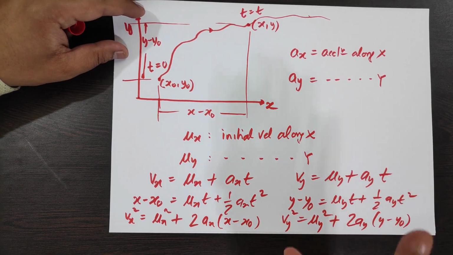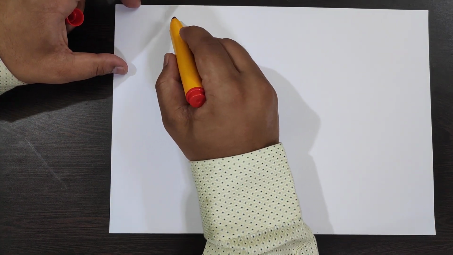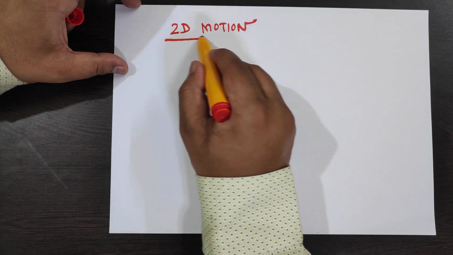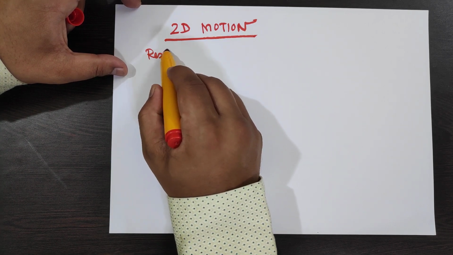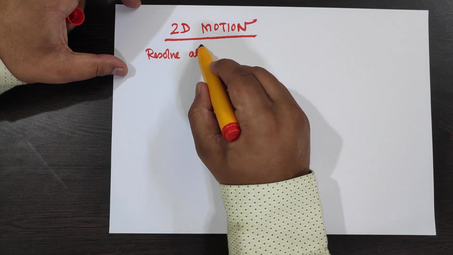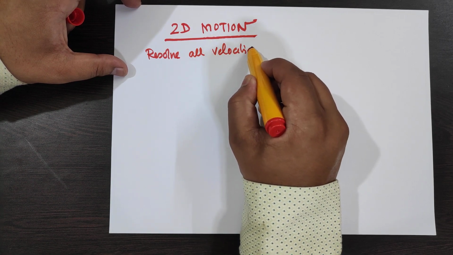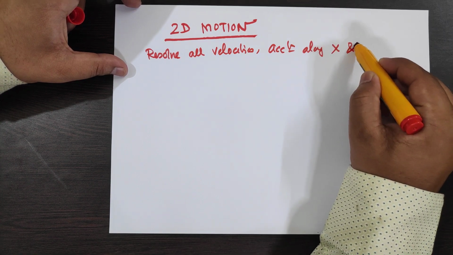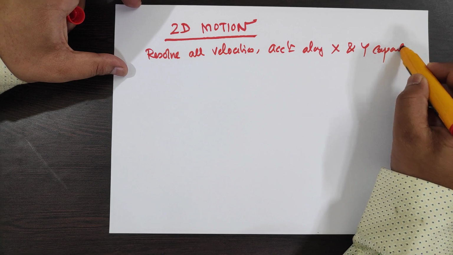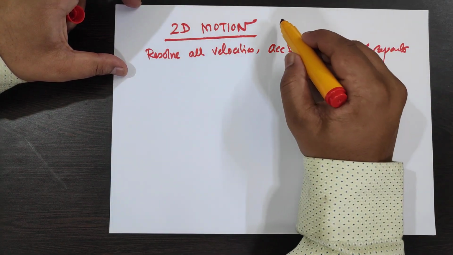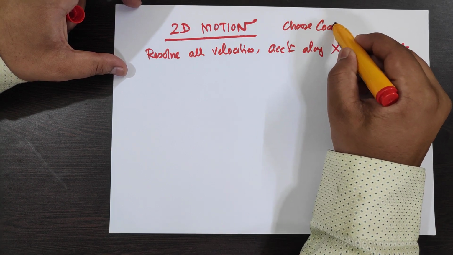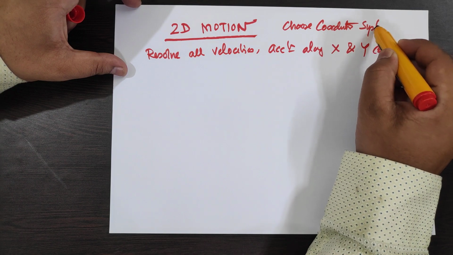That means the way of dealing with 2D motion is to resolve all the velocities and accelerations along the x and y components. First, choose an xy axis, or choose a coordinate system.